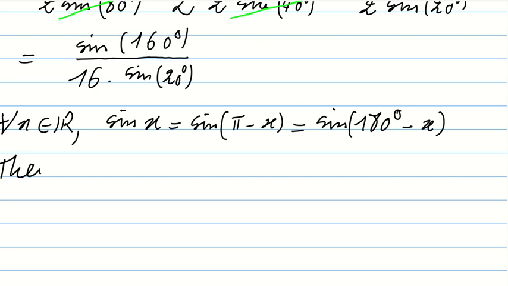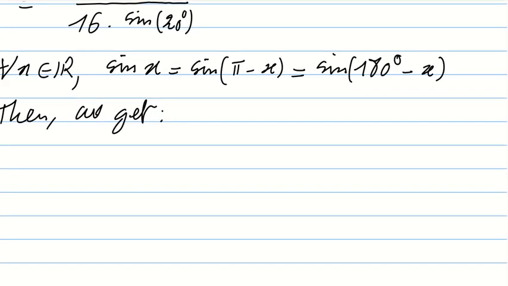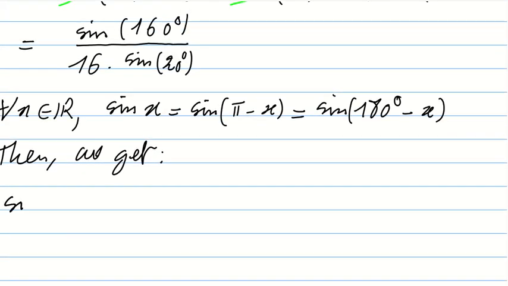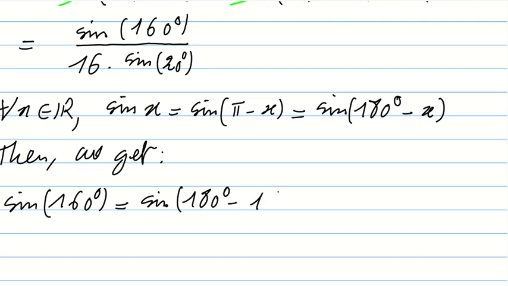Using this formula, we get that sine 160 degrees is equal to sine of 180 degrees minus 160 degrees, which is equal to sine of 20 degrees.